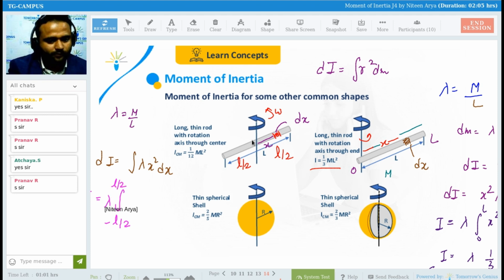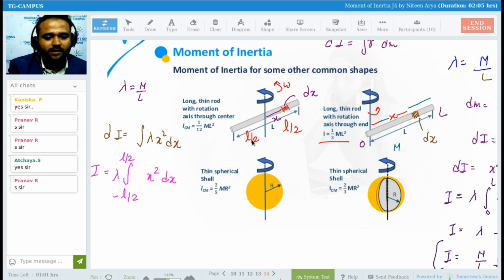And this is constant, we can take it out, x square dx. So, this is taken out, and 1 by 3 is common, x to the power 3 with limits L by 2 and minus L by 2.